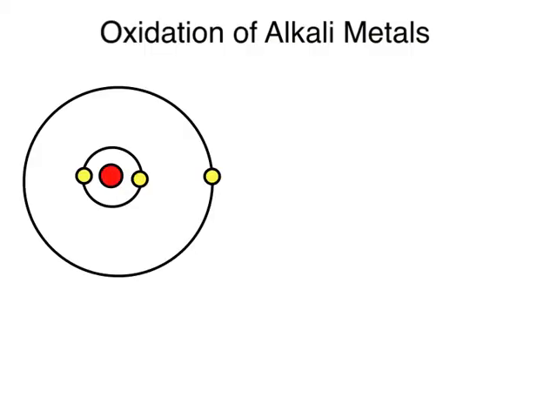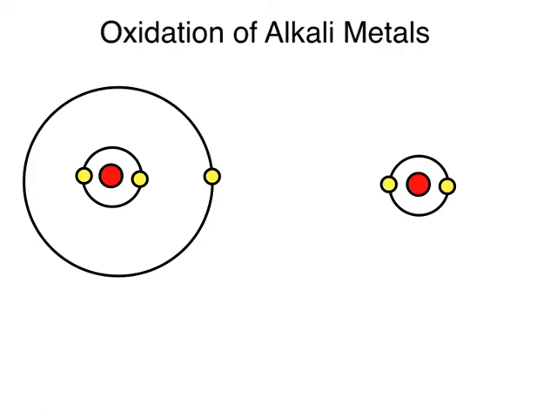Okay, so we're going to look at the oxidation of alkali metals. Now when an alkali metal loses that outer electron, it becomes a positive ion. So what actually happens is that we lose this second shell, and we get this as our electron structure.